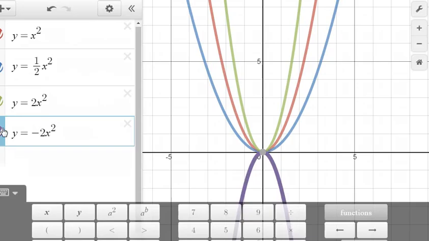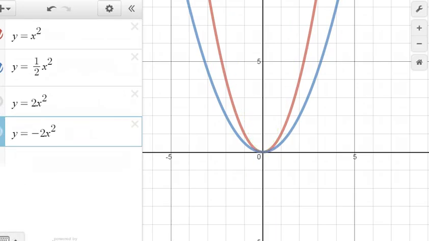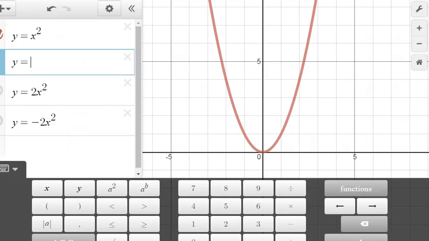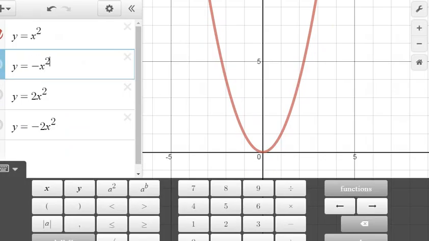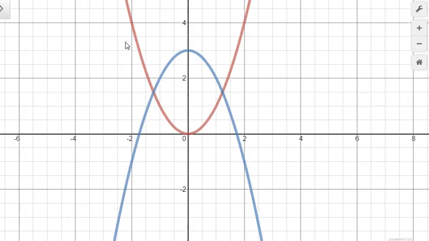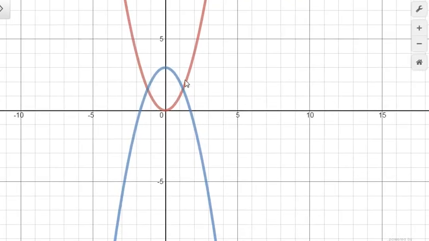Let me shut these off. So I want y equals negative x squared plus 3. And turn that one back on. It does exactly what we expected, right? Shifted up by 3, so you've got a vertex here at 0, 3, and it opens down.